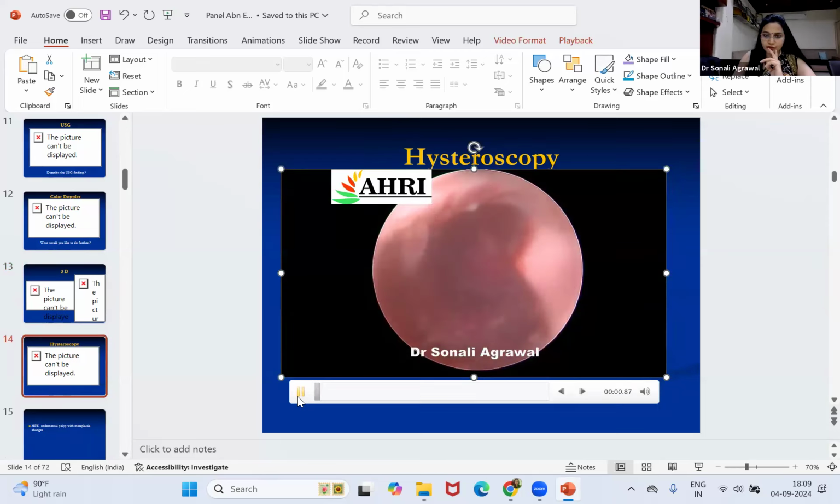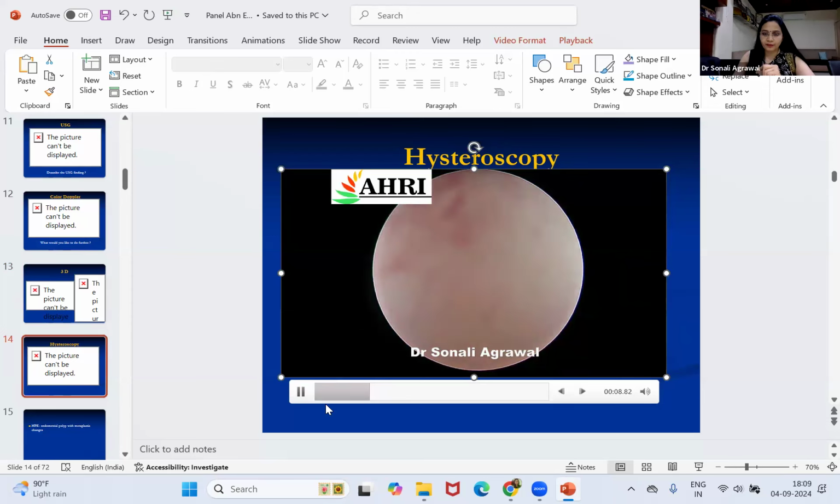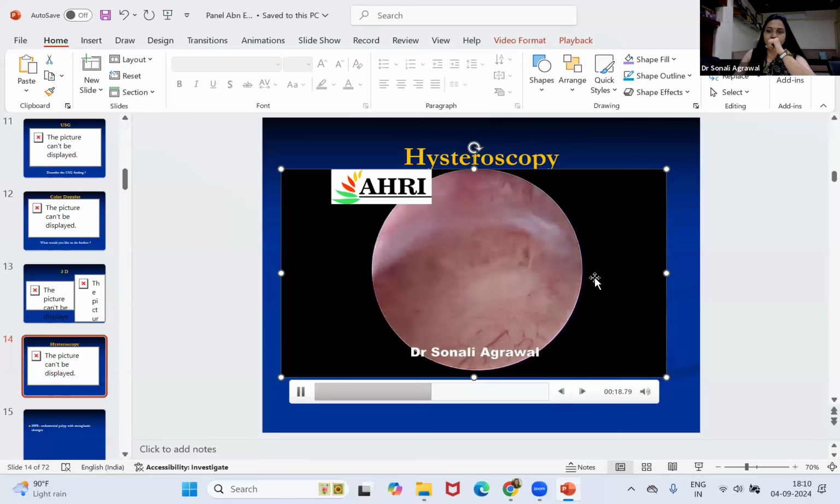So here is the hysteroscopy picture. This is the mass, which is coming from the fundal part and posterior part. Here's the ostia.